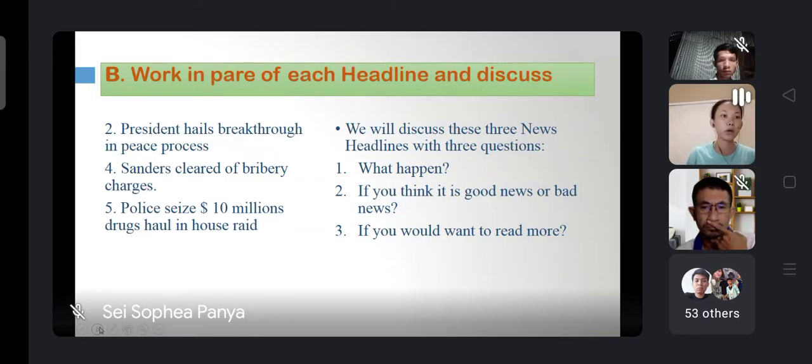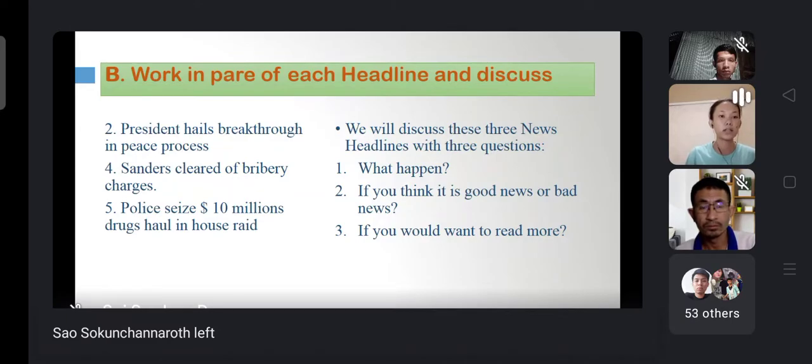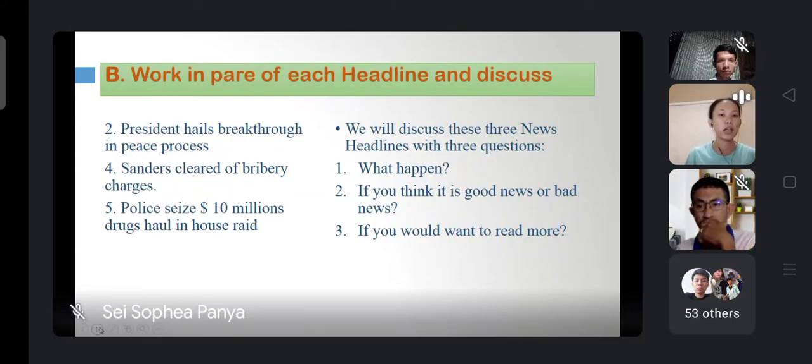For number 2, President hails breakthrough in peace process. This means the President is saying in public to his or her people about the process of peace. And number 4, Senator cleared of bribery charges. Bribery in this sentence means money or something that you give to someone so that they will do something for you, and it is usually dishonest.